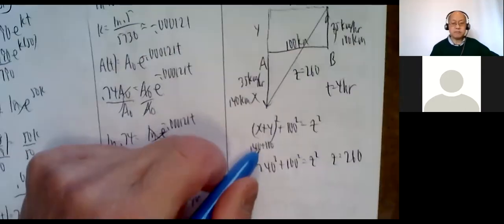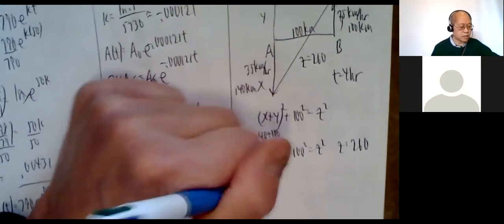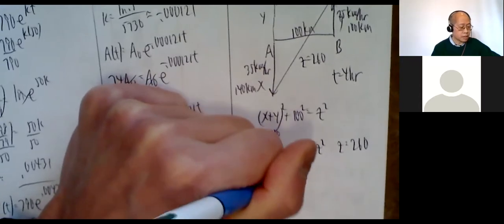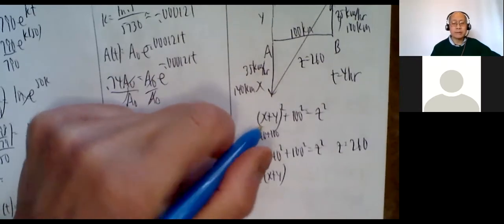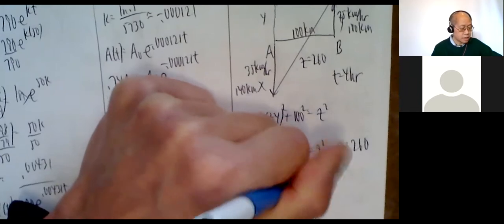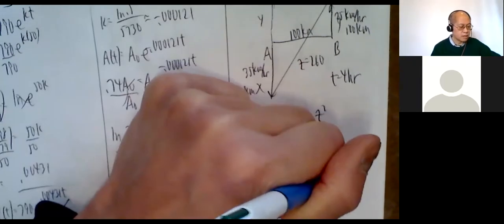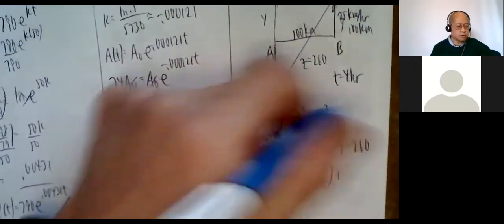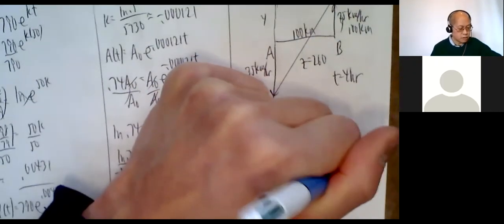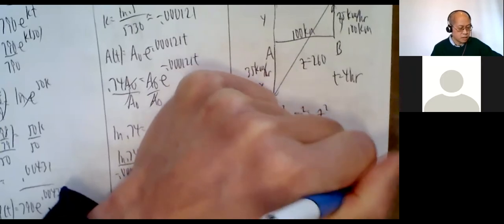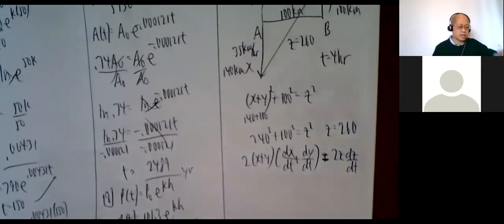Okay, differentiate with respect to time. 2 times (x + y) to the first power times the derivative of the inside, which is dx/dt + dy/dt, plus the derivative of 100², which is 0, equals 2z dz/dt.